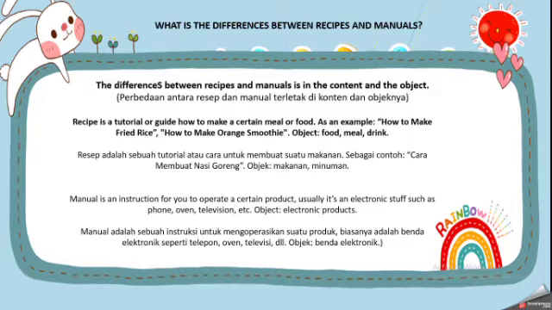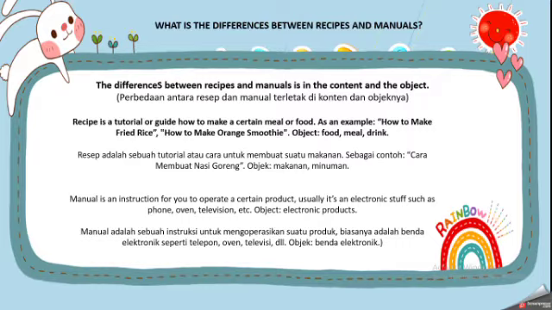The object is food, meal, or drink. And then manual is an instructions for you to operate a certain product. Usually it is an electronic stuff such as phone, oven, or television, and etc. The object is electronic products.